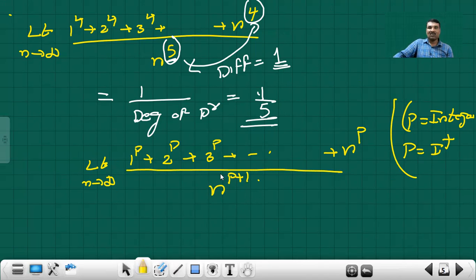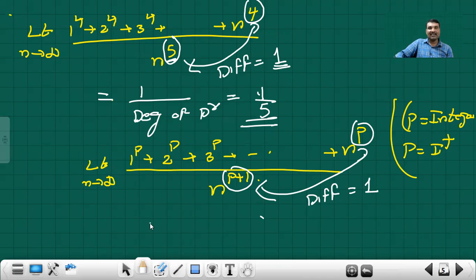So that's the difference of degree. The denominator degree is p plus 1, and the denominator is highest, so the difference of degree is equal to 1. Then the value of this limit is 1 by p plus 1, that is, 1 by the degree of denominator.